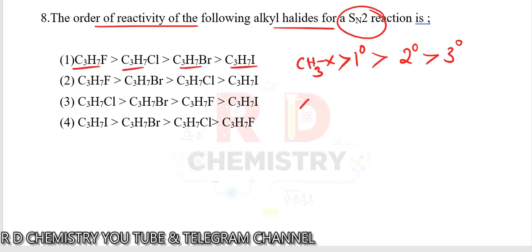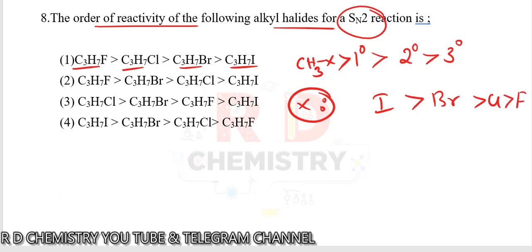So among the halogens, which one is a better leaving group, which can be easily displaced? That is iodine. Then comes bromine, then chlorine, then fluorine. In this order it goes. So what is the answer? The answer is option number 4. Clear?